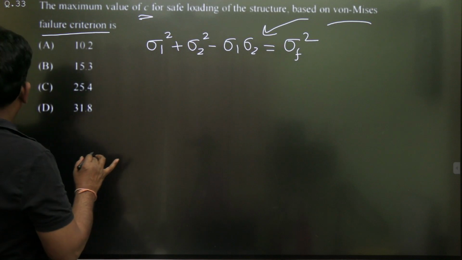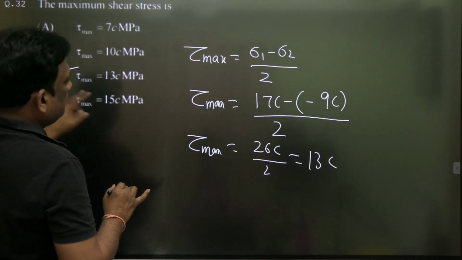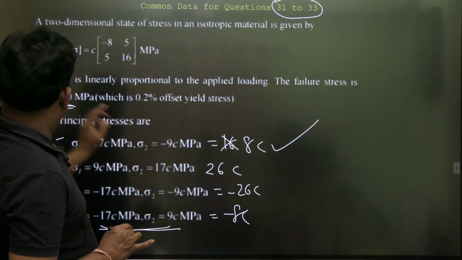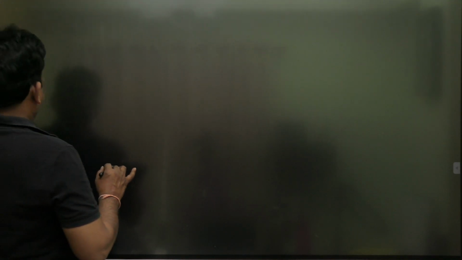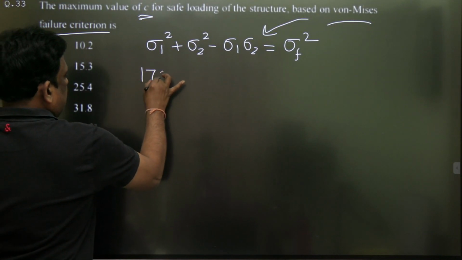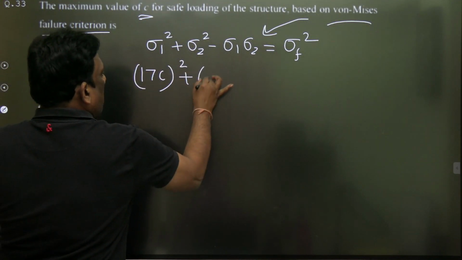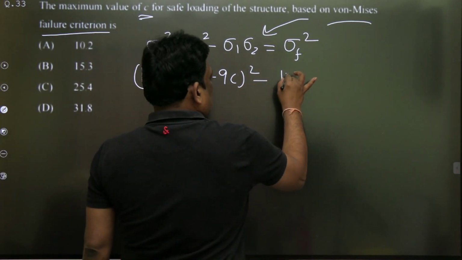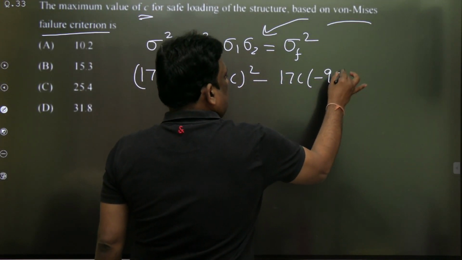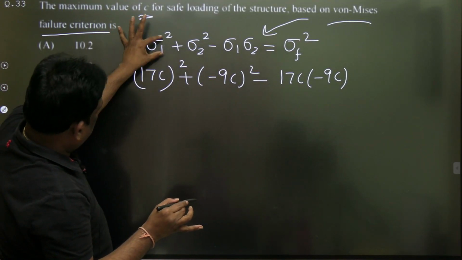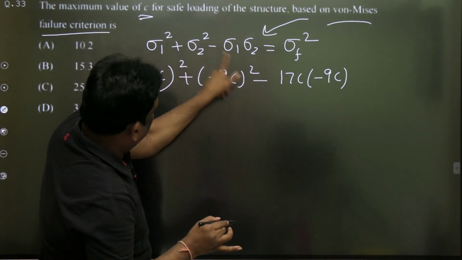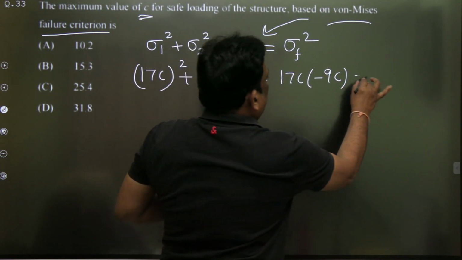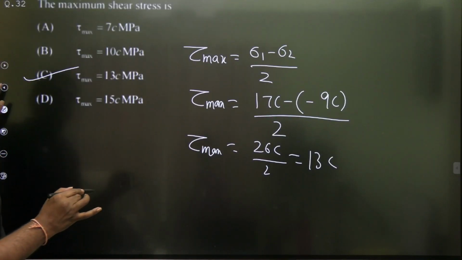Sigma 1 you already know, it is 17c, and sigma 2 is minus 9c. So (17c) whole square plus (minus 9c) square minus (17c)(minus 9c) is equal to the failure stress square.